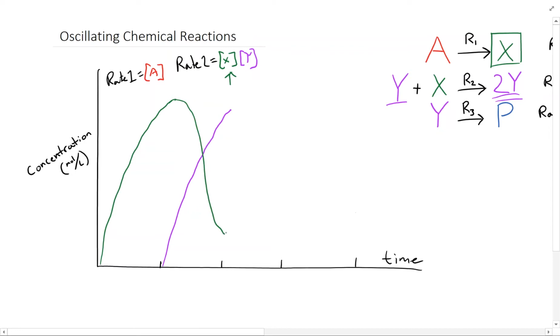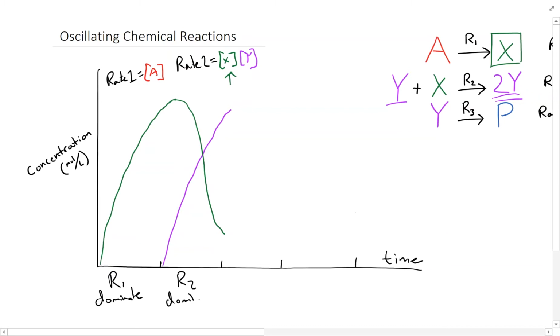Now, that happens because here, at the very beginning, R1 is going to dominate. Here, why is R1 still occurring? Of course, that reaction R1 is still occurring, but R2, because now we have so much X around, there's so many collisions with X and Y, that R2 is going to dominate.